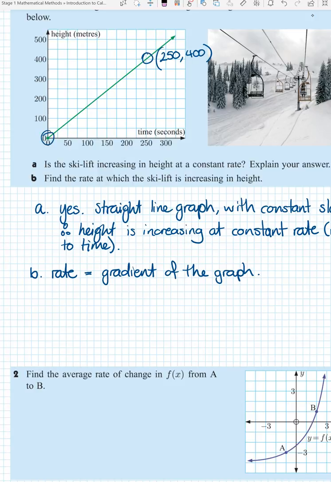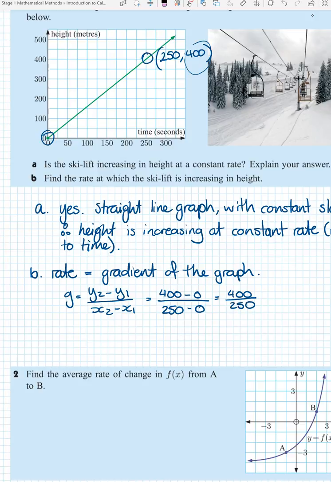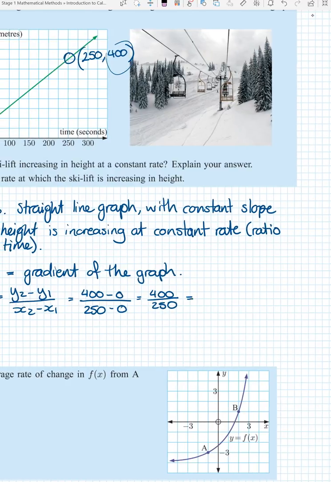And the point here at 0, 0. So we've got 2 points there, so we can find the gradient equals y2 minus y1 over x2 minus x1. So we have, this is our y2 point, 400 minus 0 over 250 minus 0, which is 400 divided by 250. So we have a gradient of 1.6.